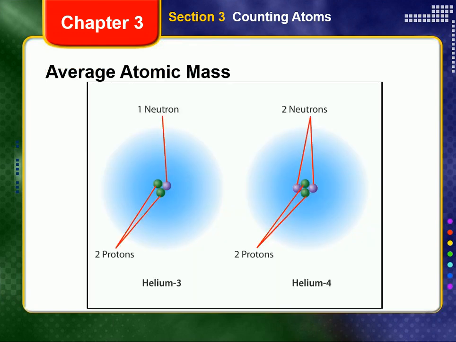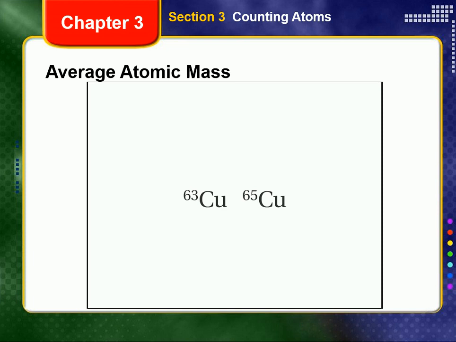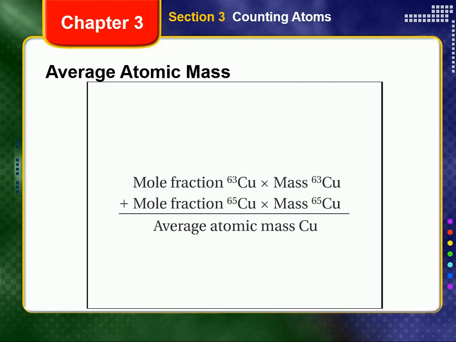Elements can have more than one stable isotope. Helium has 2 stable isotopes, helium-3 and helium-4. Naturally abundant elements have a variety of stable isotopes. Copper is made up of the stable isotopes copper-63 and copper-65. To find the average atomic mass of an element, multiply the mole fraction times the atomic mass for each naturally occurring stable isotope of that element.